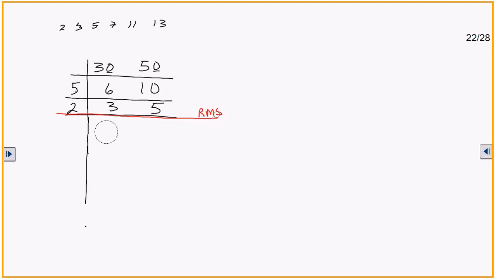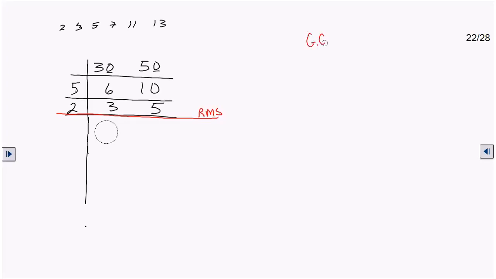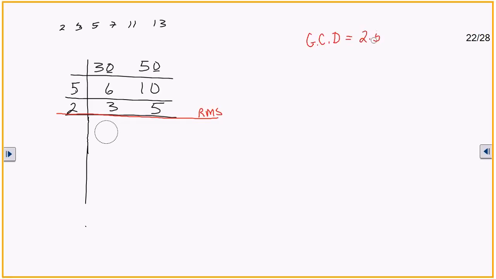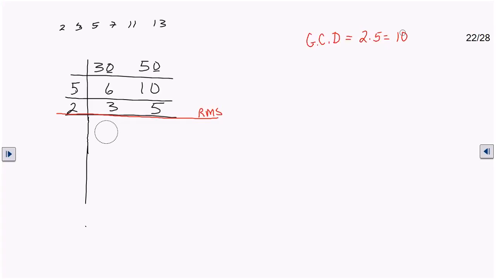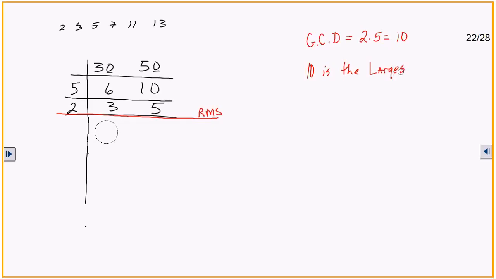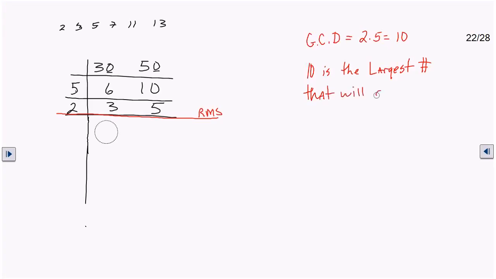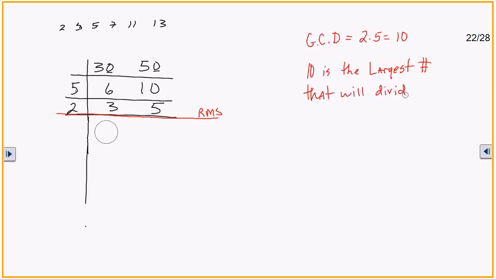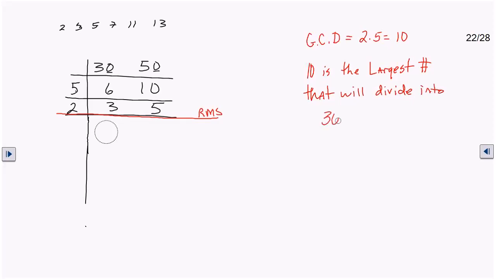So when the real math stops, we've got our greatest common divisor. 2 times 5, which is 10. 10 is the largest number that will divide into 30 and 50.